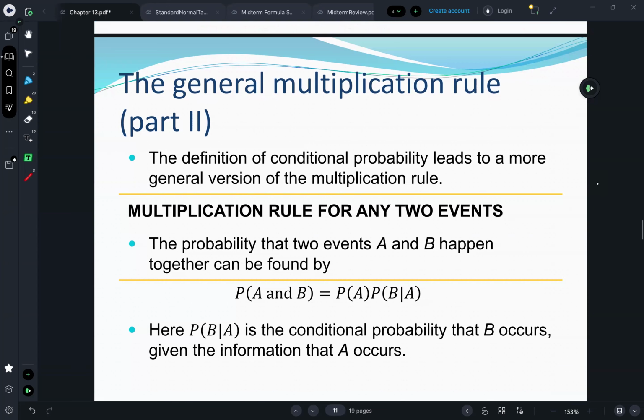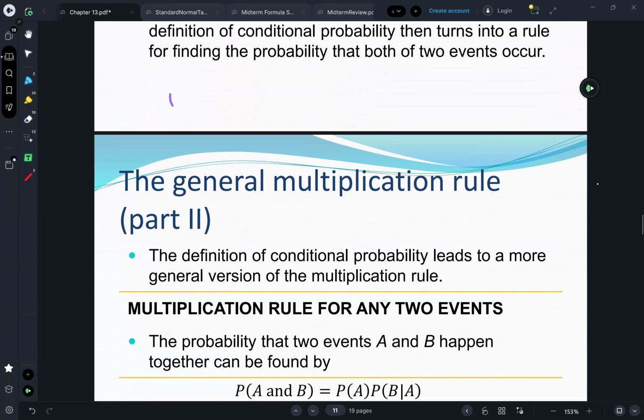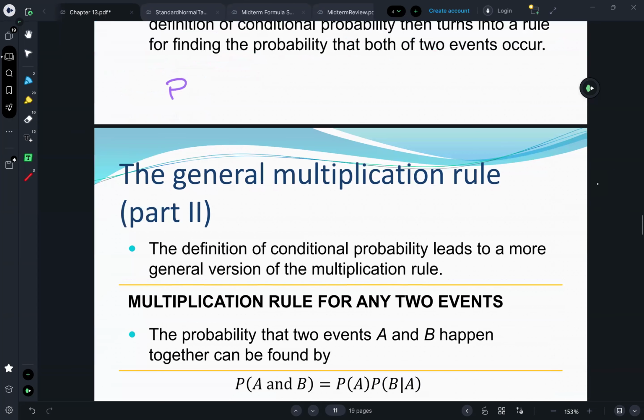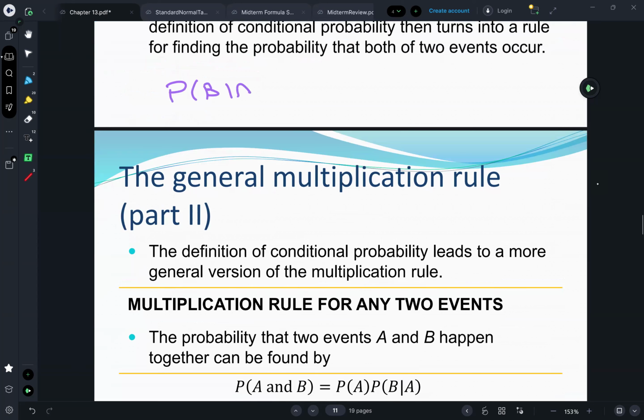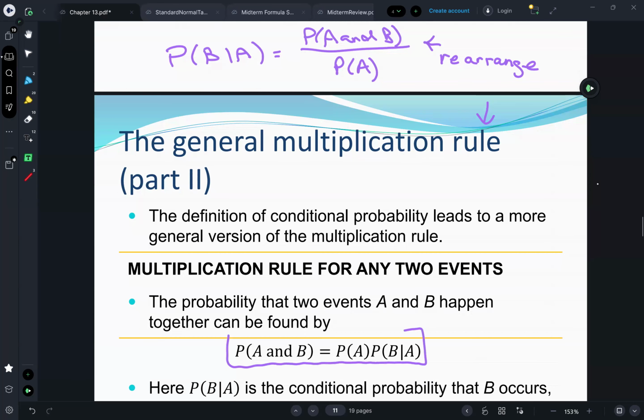The probability of B given A, we know that that's equal to the probability of A and B, and we divide out what's been given, so this time it's A. If I rearrange this using algebra, if I just take the probability of A and move it to the left, then I have the probability of A and B on the left, and this on the right.